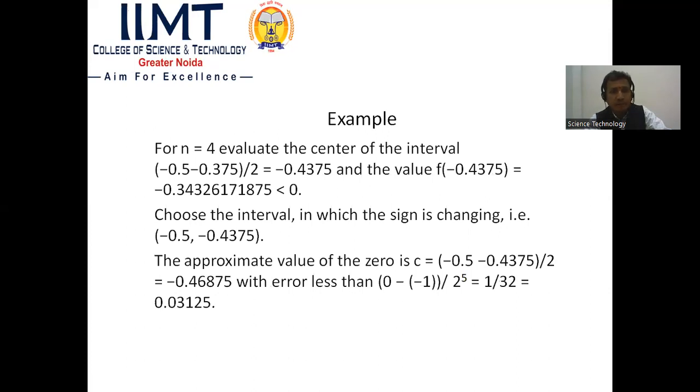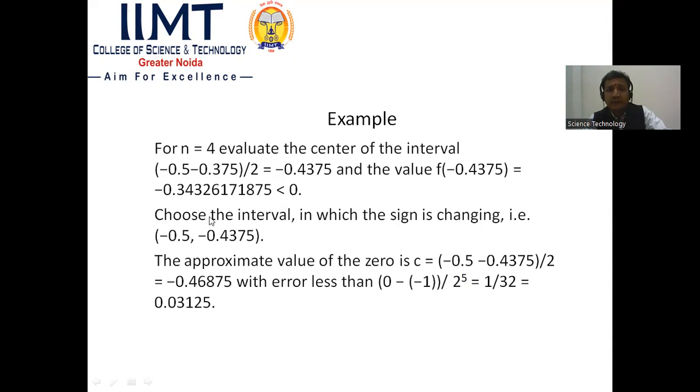This way, when we apply this method again, we will get the new root, minus 0.4375, and the functional value at this new approximated root is minus 0.343261717875, which is less than 0.